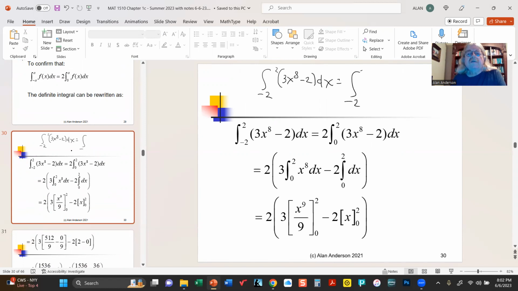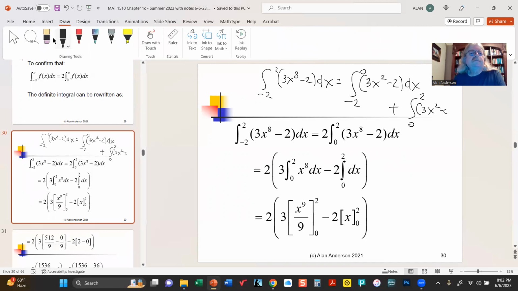Negative 2 to 0, and then 0 to 2. And of course, since these are equal to each other, we can just rewrite it as 2 times this one.